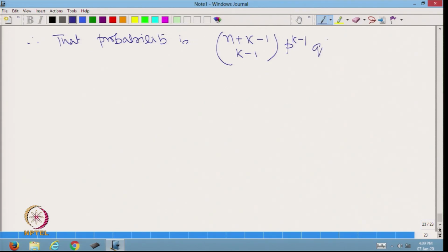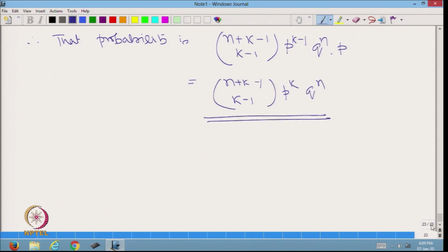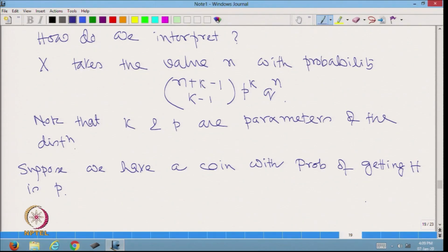The remaining ones are failures, that has probability q to the power n. Finally, the last one is a success. Therefore, this is coming out to be n plus k minus 1 C k minus 1 p to the power k q to the power n. So, that is how we get these probabilities as we have indicated here.